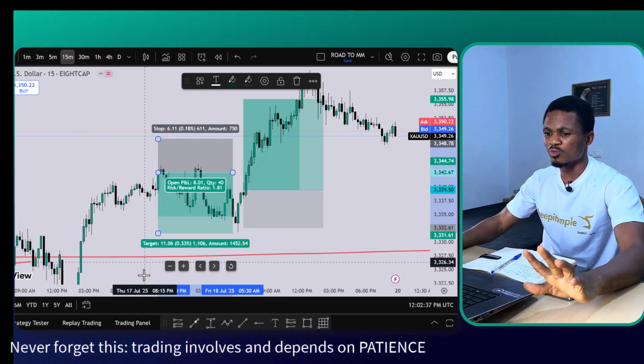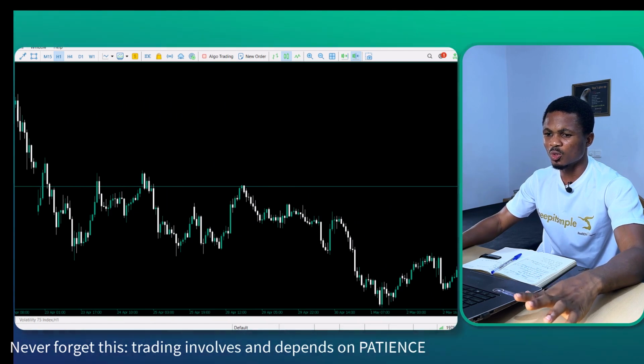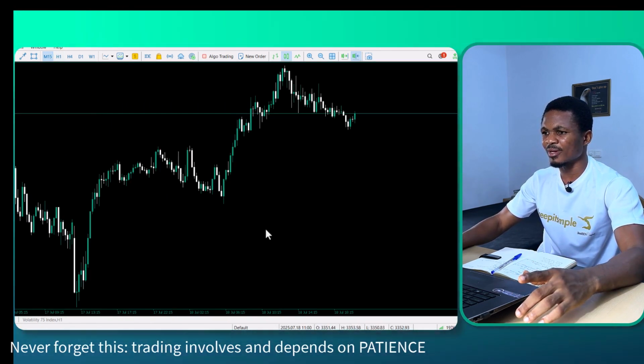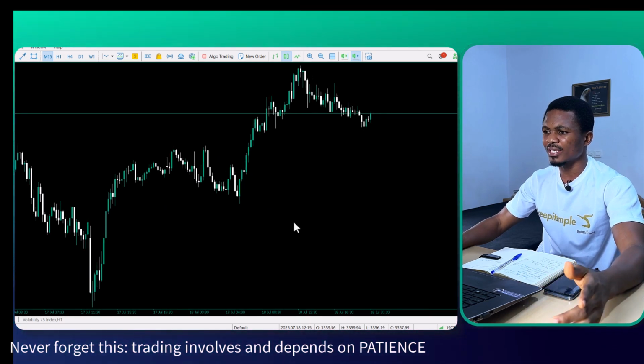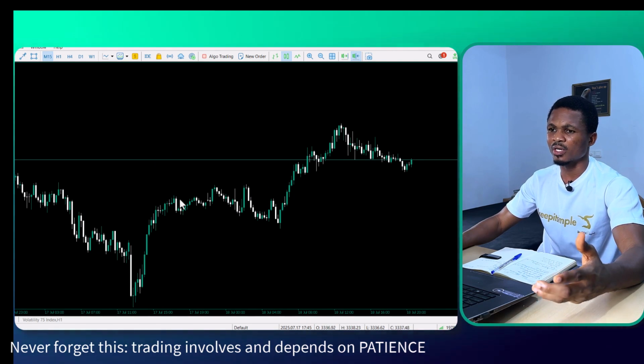Now let me take you to my MT5 platform and show you something over here. This is gold on a 1 hour time frame. Let me take you to the 15-minute time frame as well. Now, let's assume you want to enter a trade. I'm going to use this arrow tool over here. Let's assume you want to enter a trade from this region to this side.